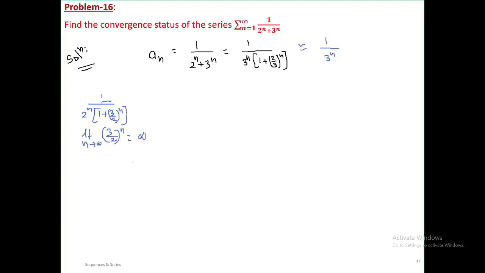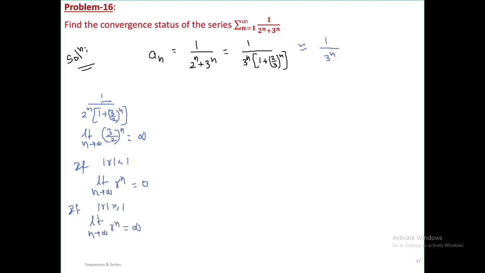So look at the geometric series. If modulus of r is less than 1, then limit n tends to infinity, r to the power of n is 0. I proved that, check once, in the proof of the geometric series theorem. If modulus of r is more than or equal to 1, then limit n tends to infinity, r power n is infinity.